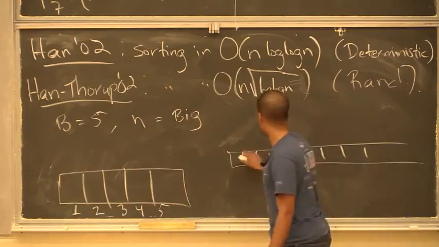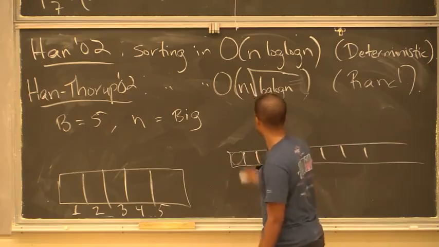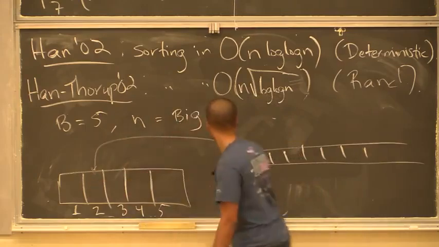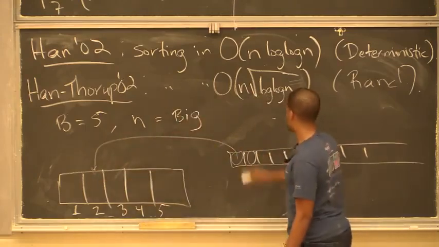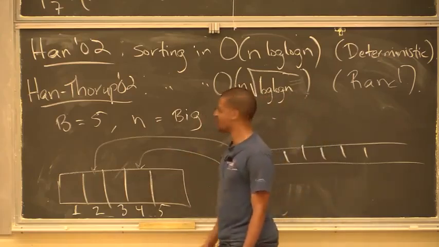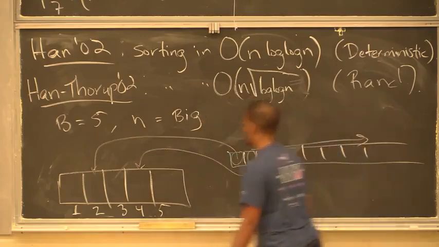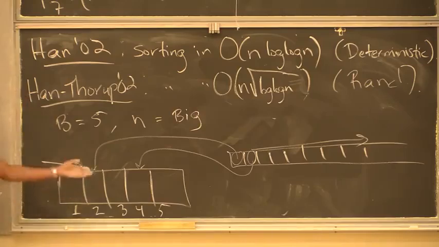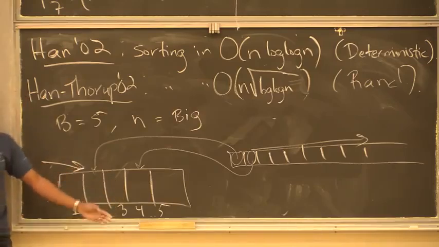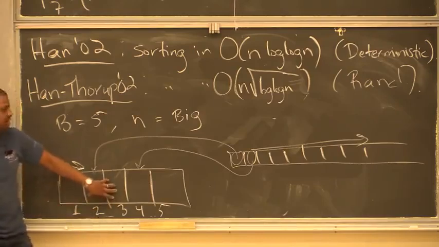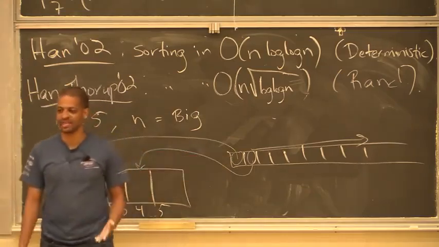So I'm going to look at them one by one. Oh, this is a 2, so I'm just going to put it in bucket 2. Bucket 2 could just be a linked list, for example. Here's something that has value 4. I'm just going to put it in bucket 4. And then, once I'm done with the scan, I just go here and scan it in order and output the entries in all of these buckets. So the total time is b to allocate this array plus n to scan the input, n plus b.